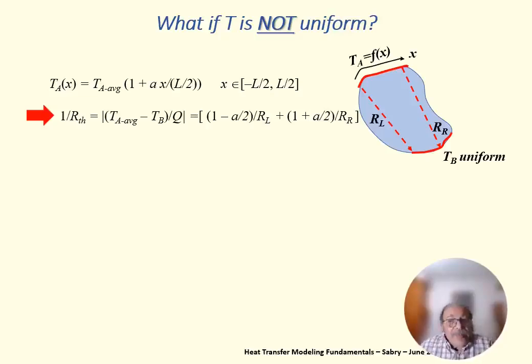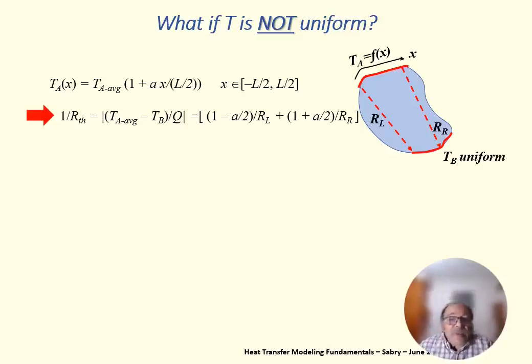In this case, we have different heat paths. The heat path from the left side of TA until TB may have a different thermal resistance from the heat path on the right of TA until TB, called R right.